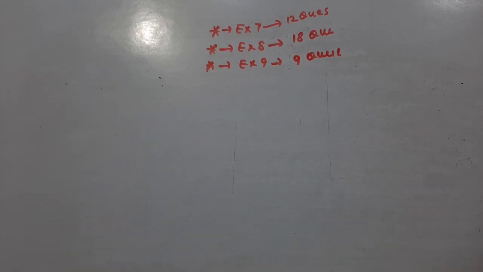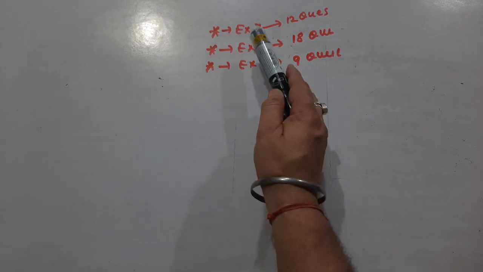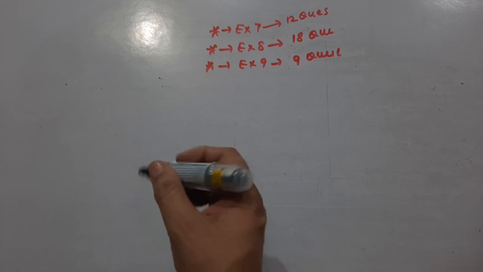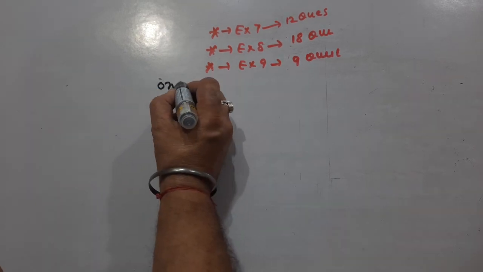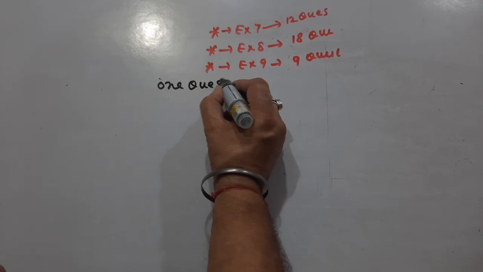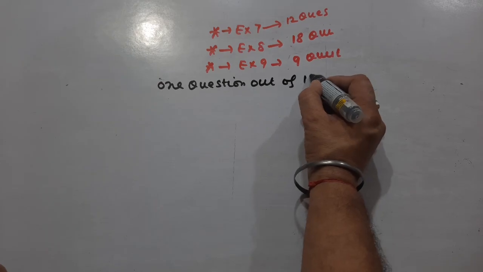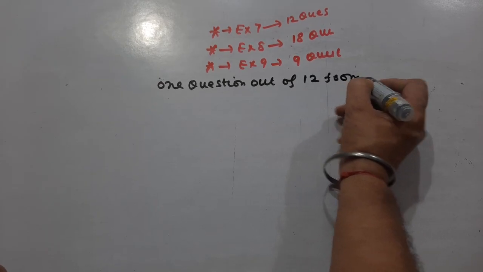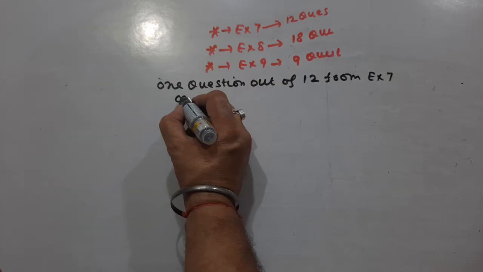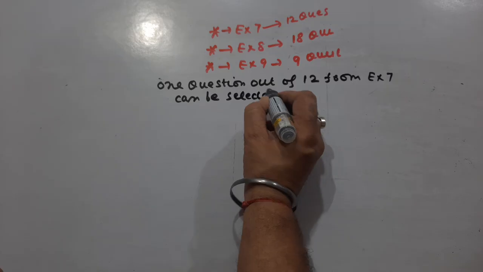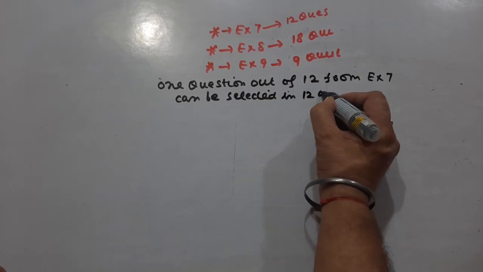So students, let us do this question. अब जो हमारे पास एक्सरसाइज 7 है उसमें हमने एक क्वेश्चन सेलेक्ट करना है आउट ऑफ 12. So one question can be selected out of 12 in 12 ways. So we write one question out of 12 from exercise 7 can be selected in 12 ways.